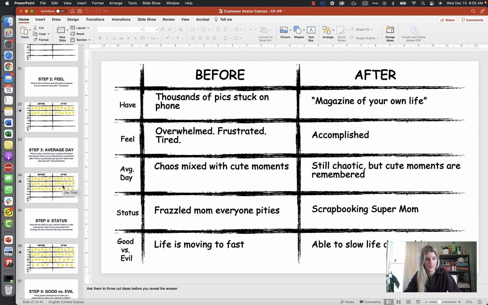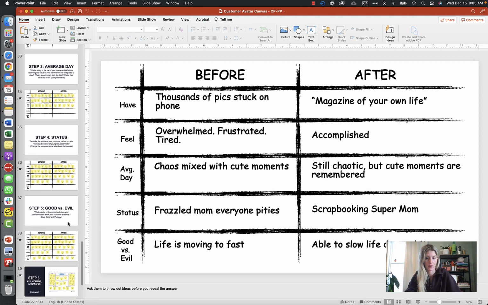She didn't go to Michael's and get all the materials, but she has a tangible physical item that she can look at, where she didn't have that before because she didn't have time. She was so frazzled. Everyone felt sorry for her. But now she's not. So she's changing that narrative, that story that she might tell about herself.